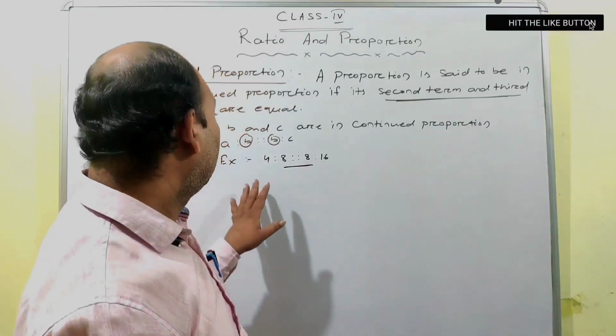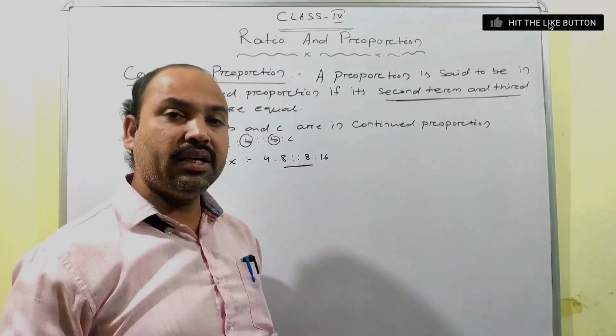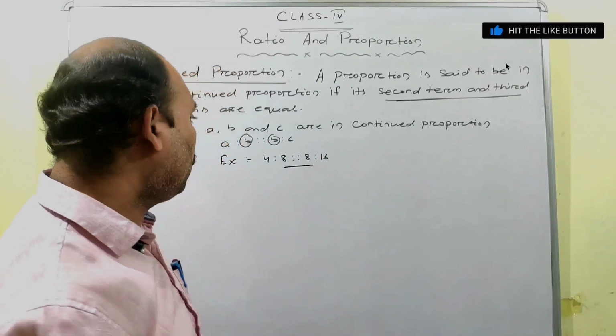If A, B and C are in continued proportion, then what is the rule?